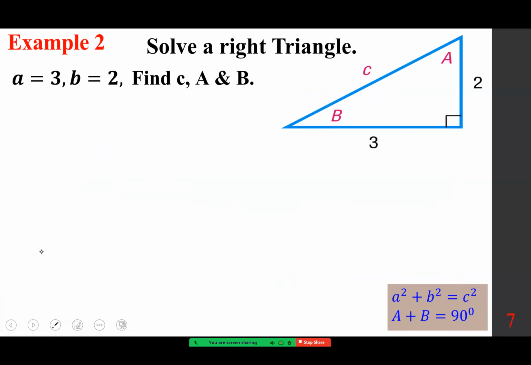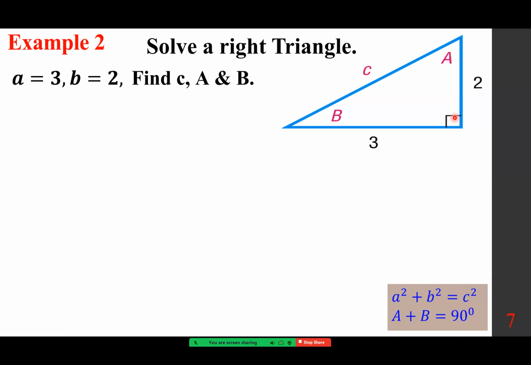Anytime we want to solve any triangle, that means find all the angles, all the sides. So we want to solve a right triangle where a and b are given, and we want to find the rest of them. When a and b are given, also this angle, we know it to be 90 degrees.